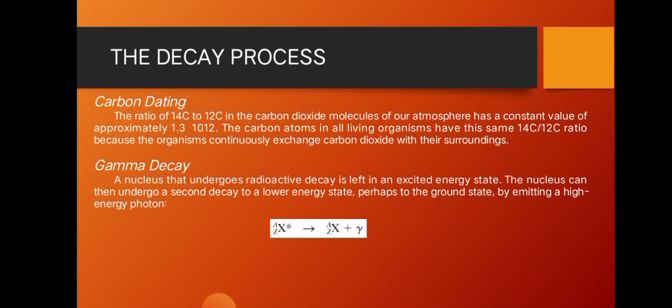When an organism dies, however, it no longer absorbs 14C from the atmosphere, and so the 14C divided by 12C ratio decreases as the 14C decays with a half-life of 5,730 years. It is therefore possible to measure the age of a material by measuring its 14C activity.